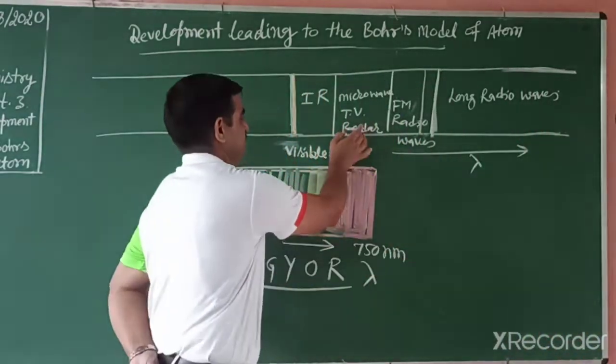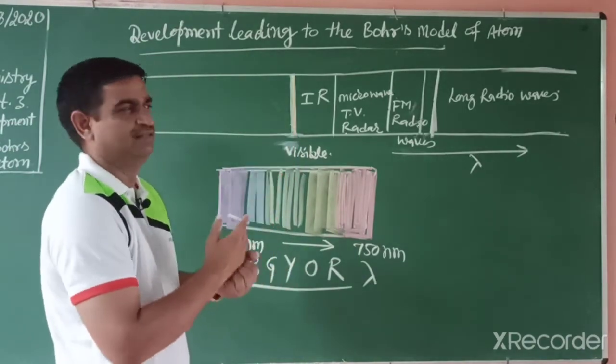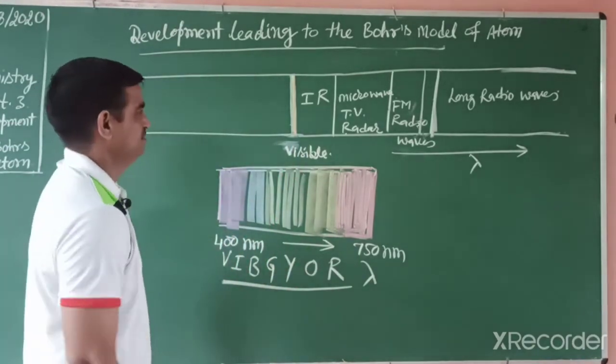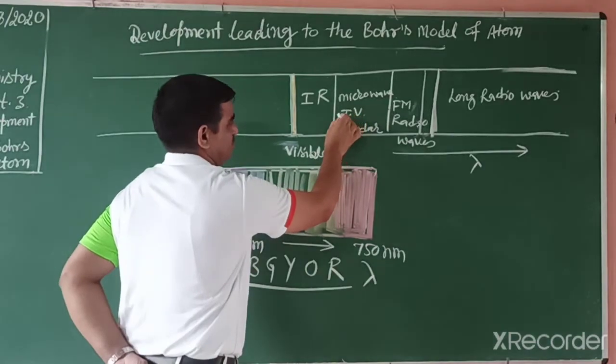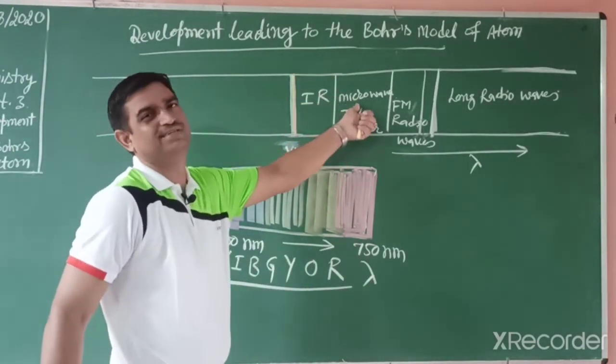But TV, radar, and radio have lower wavelength, so we have to distinguish these rays. Our TV, microphone, and mobile phone also work in this radiation.